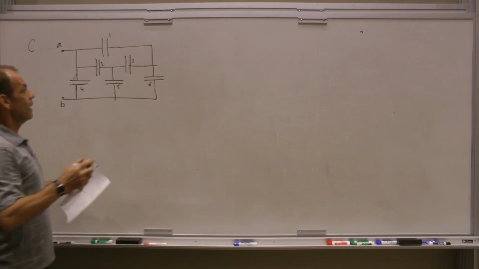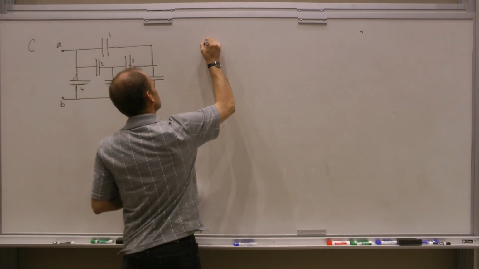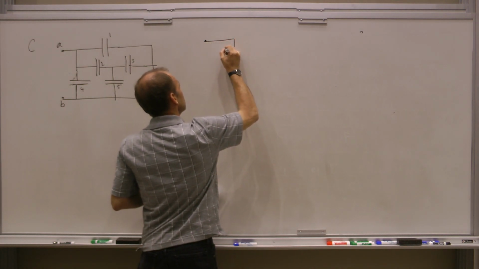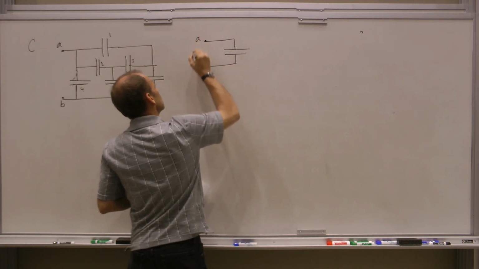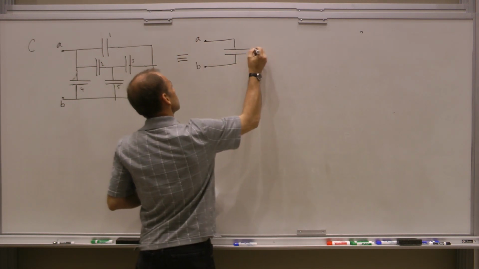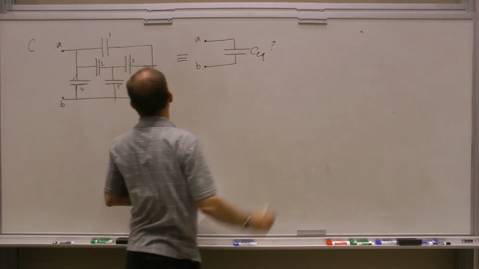And I'd like to be able to calculate what would be the equivalent capacitance, i.e. the capacitance that would be just that one capacitance between A and B. What would be this C equivalent?